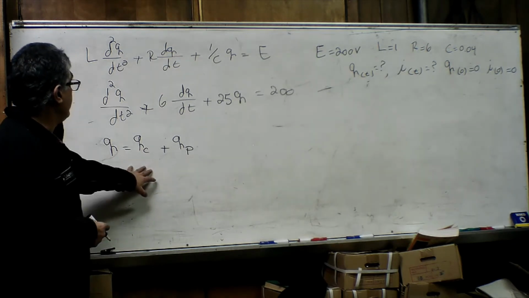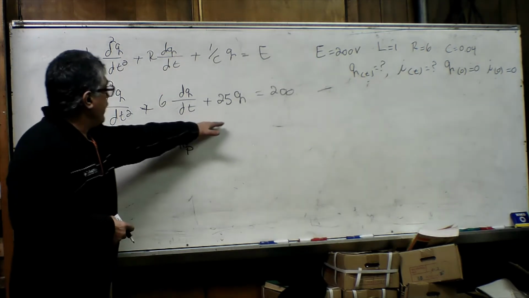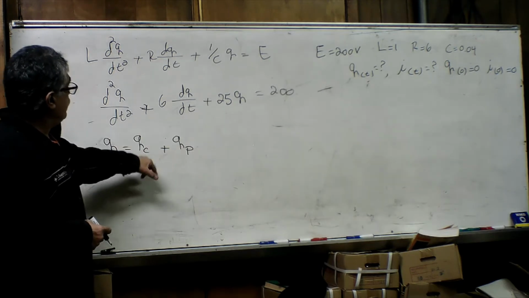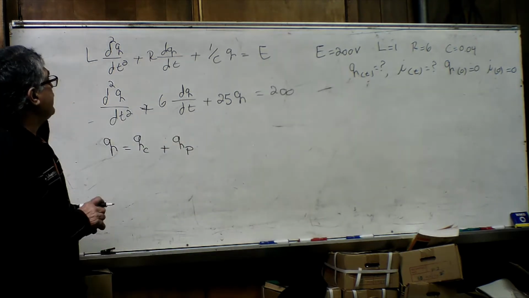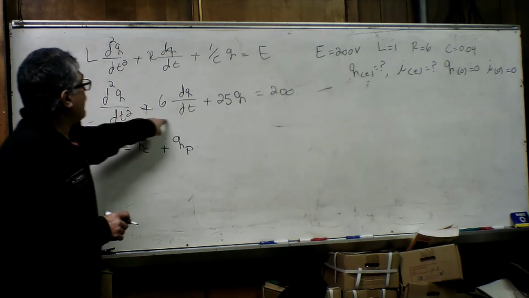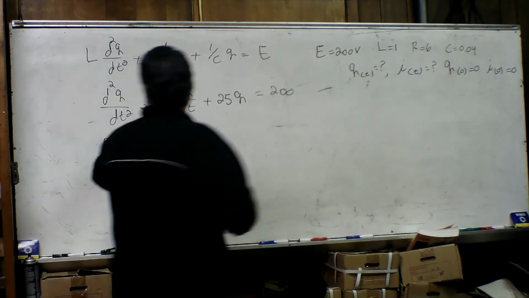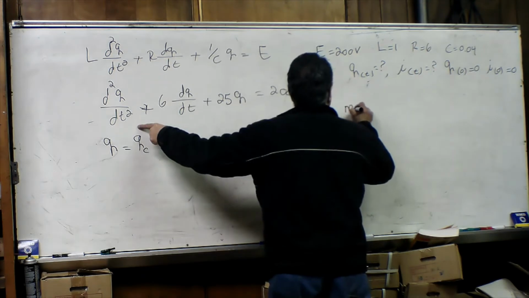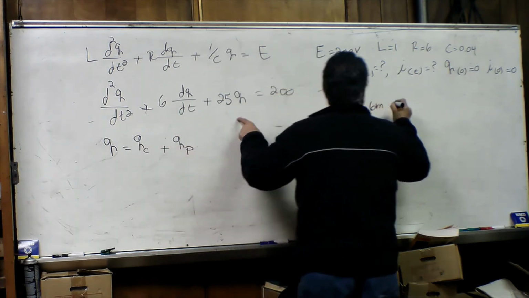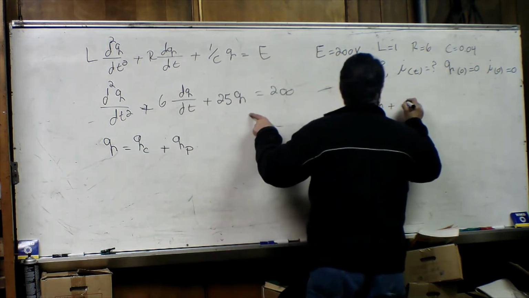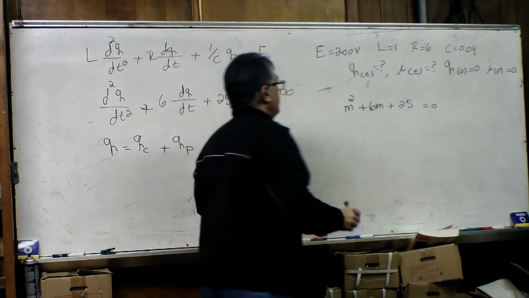So here the solution to the homogeneous portion, Qc, to solve this we can use the auxiliary polynomial, and we can write this as m squared plus 6m plus 25 is equal to 0.